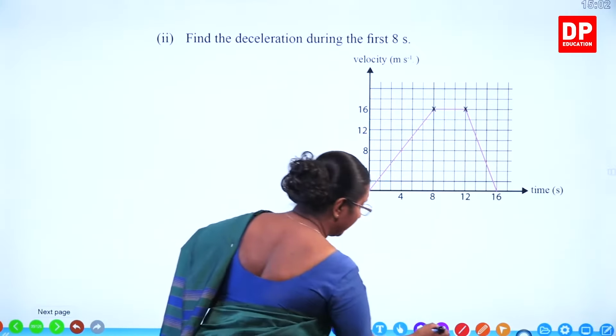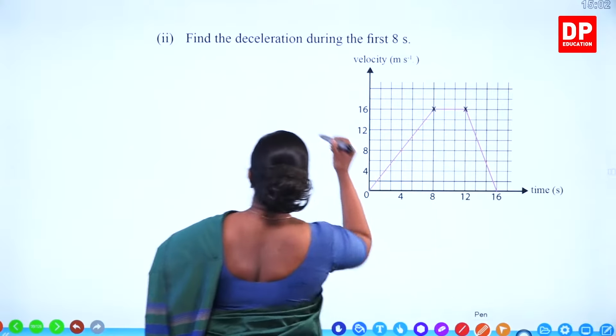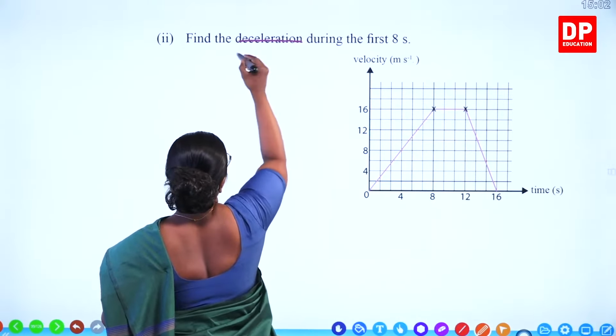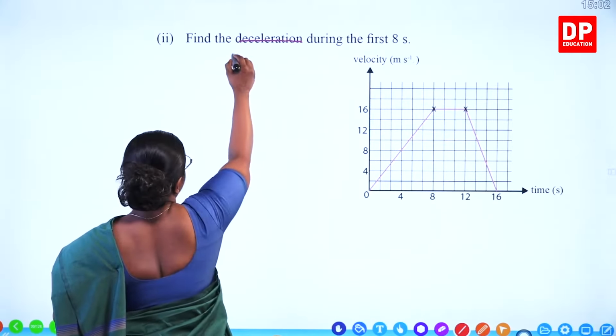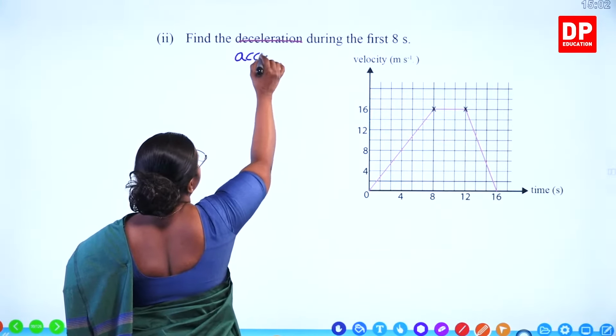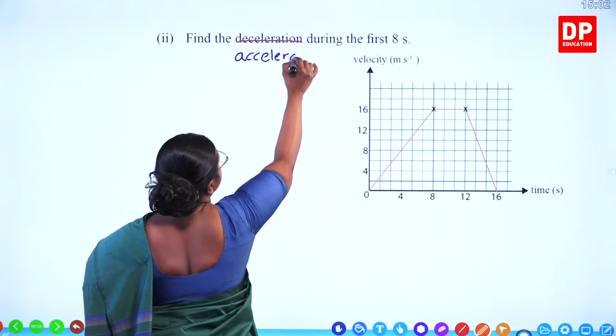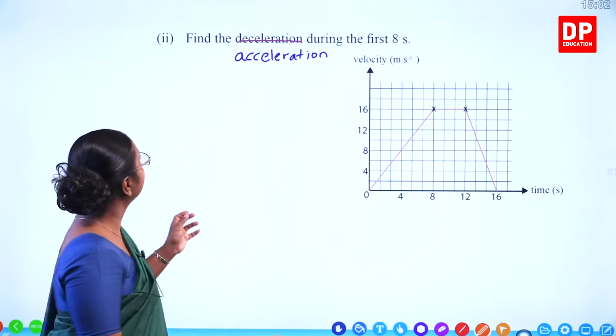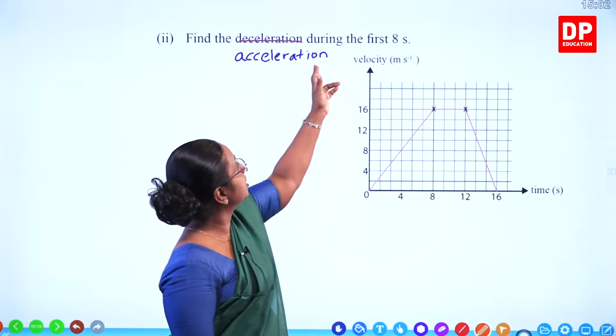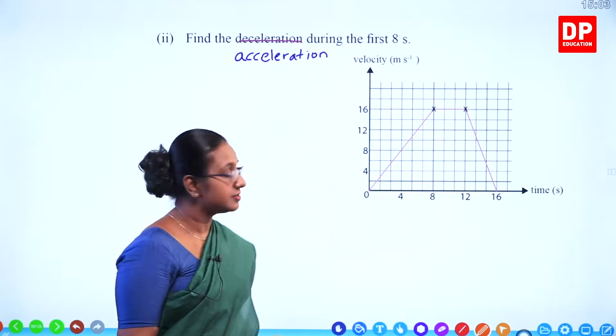So this should have been acceleration, not deceleration. It has to be acceleration. So we need to calculate the acceleration during the first 8 seconds.